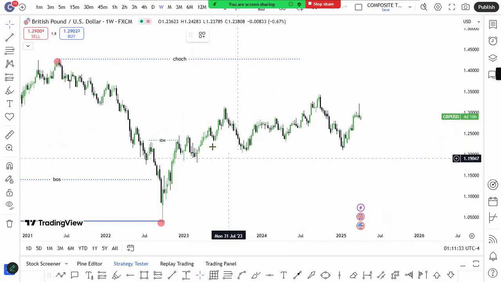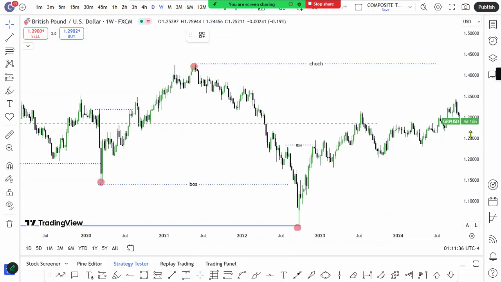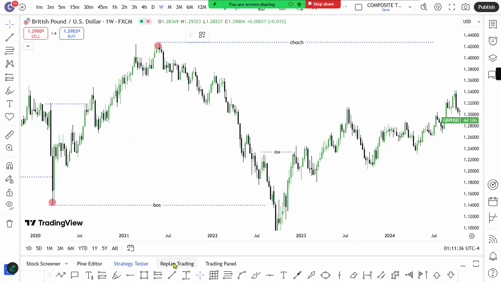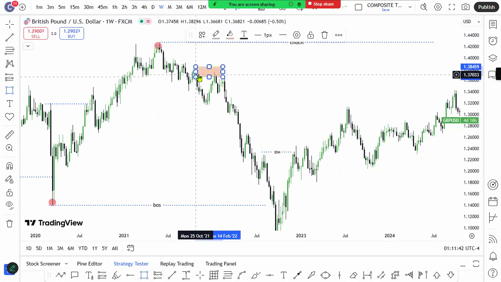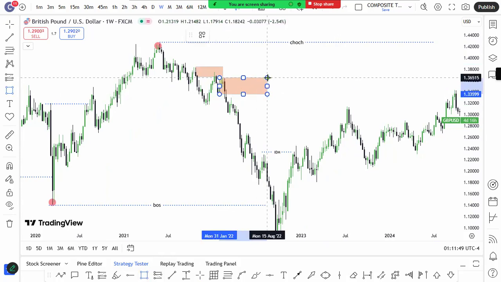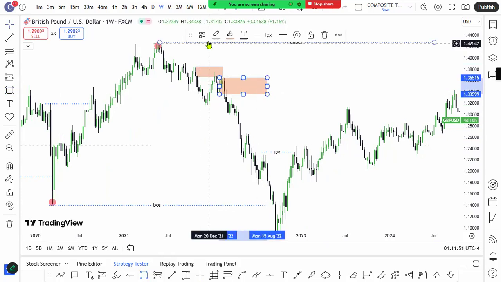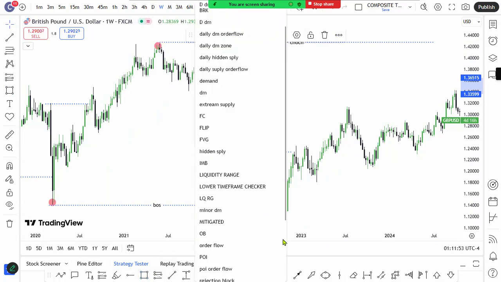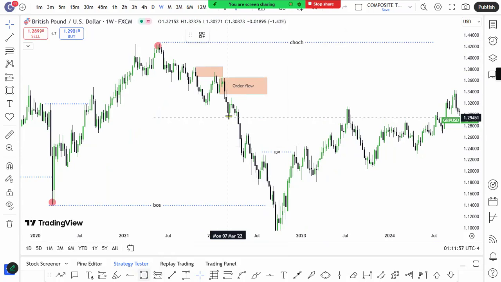You can see that according to areas that are not mitigated, everything is mitigated. But this order flow is not mitigated. There's this order flow here, then there's another one.